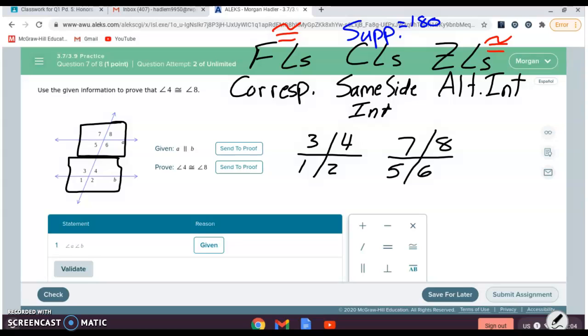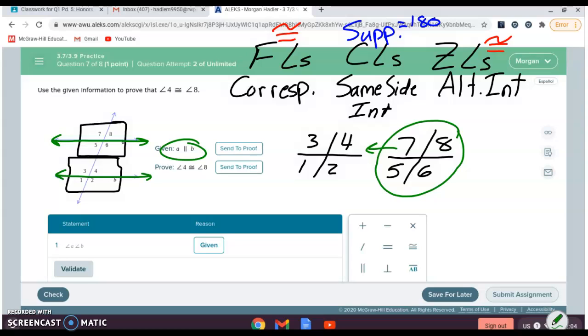6, 7, 8. Since these are parallel lines, these right here place directly on top of the same exact angles in 1, 2, 3, 4. If we were to lay it on top of each other, 5, 6, 7, and 8 would fill in exactly where 1, 2, 3, and 4 are.